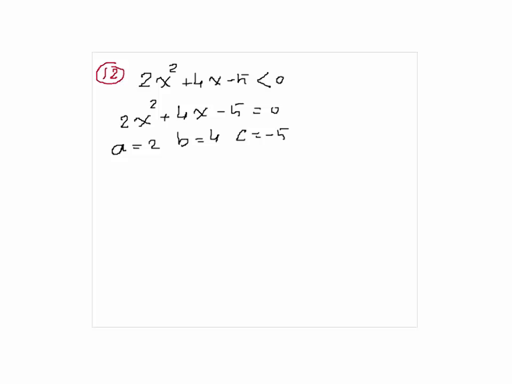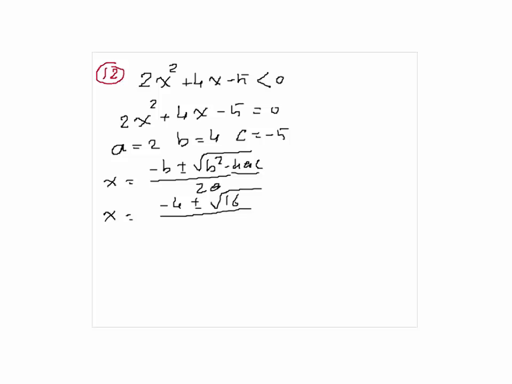I'm going to plug them into the formula: x equals negative B, plus or minus the square root of B squared minus 4AC, over 2A. So x will be negative 4, plus or minus the square root of 16.